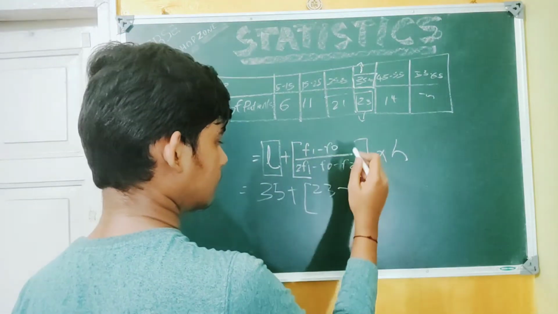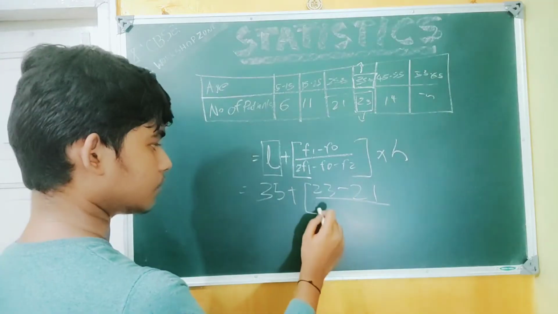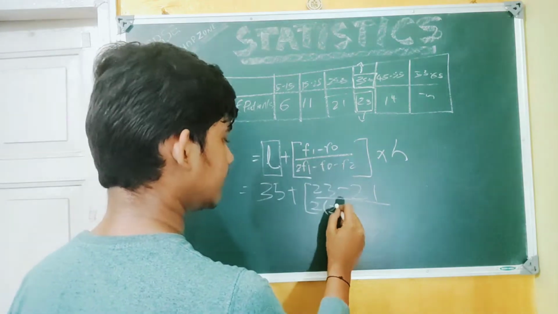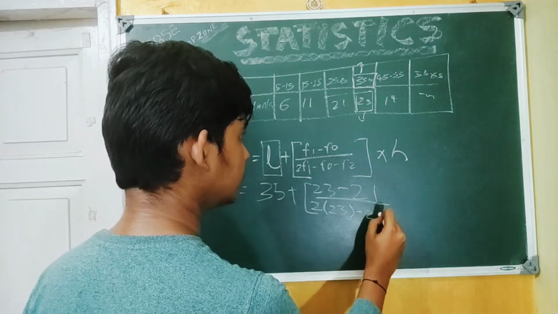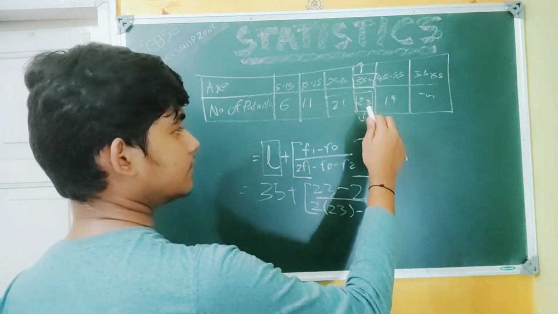So 23 minus 21, divided by 2 times F1, so you need that multiplication of 2: 2 into 23 minus 21 minus F2, which is the next value, the successor, which is 14.